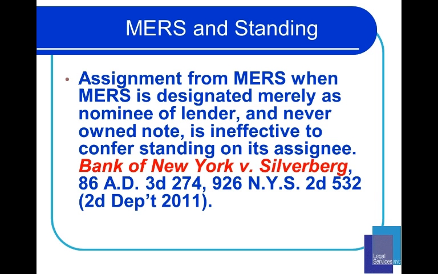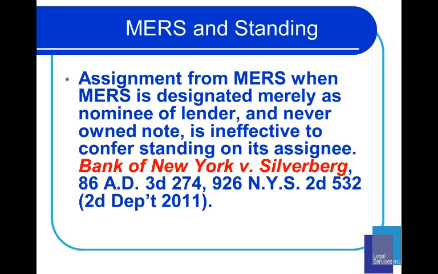But as a practical matter, MERS typically never became the holder of the notes, which actually represent the debt obligation, and only became the owner of the mortgages, which on its own is not enough to give them authority to assign the notes.